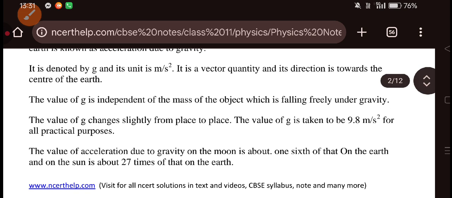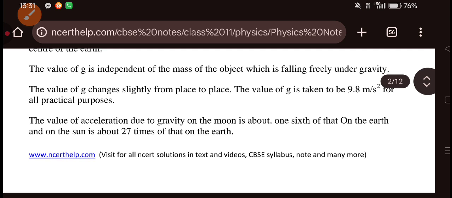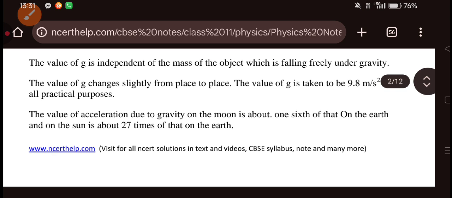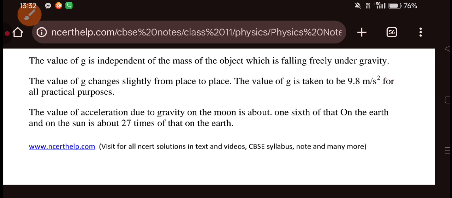The value of g is independent of the mass of the object which is falling freely under gravity. The value of g changes slightly from place to place. If you put an object at a certain height from the surface of the earth, then g will change.